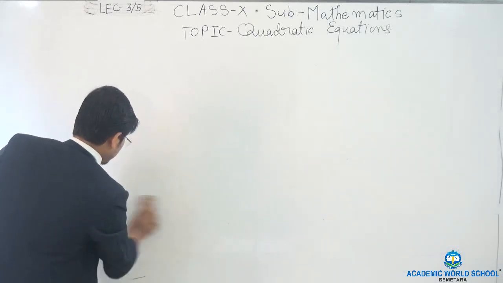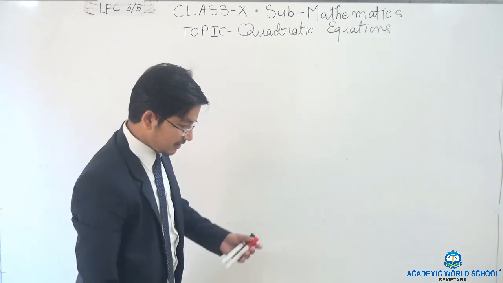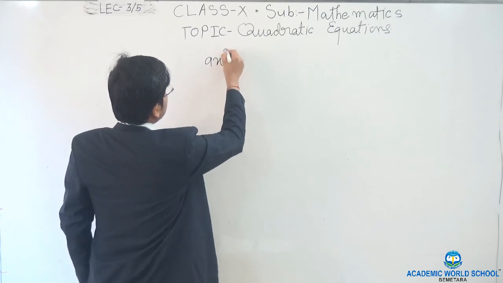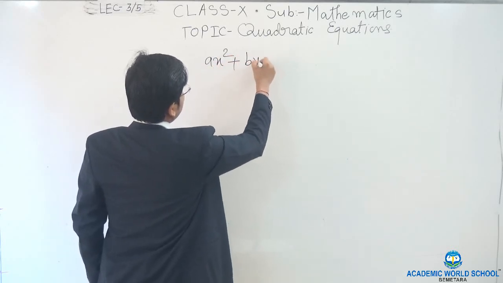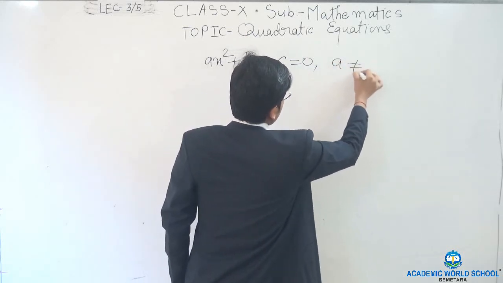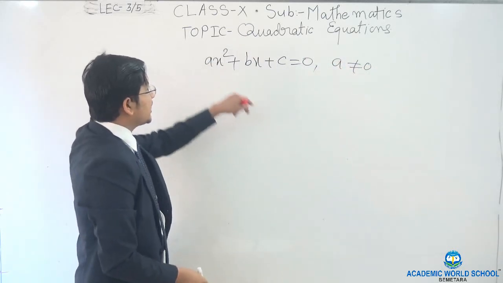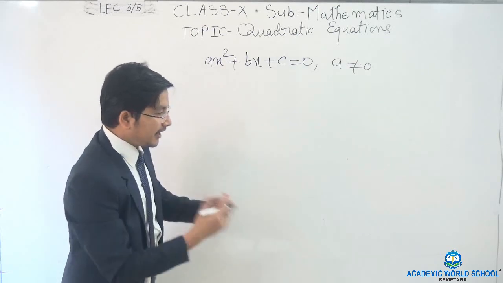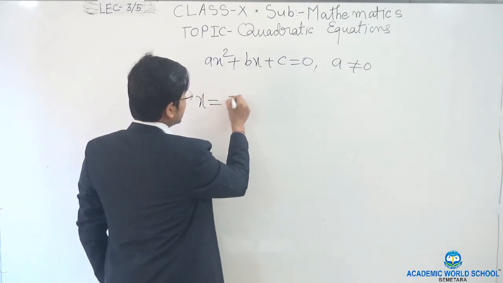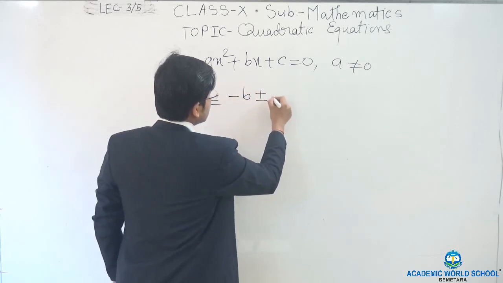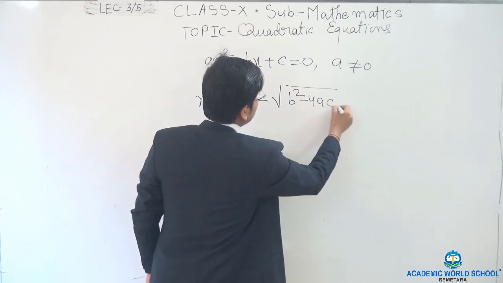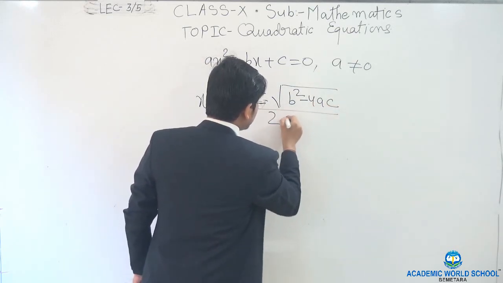So if we have a quadratic equation ax square plus bx plus c is equal to 0, a must not be equal to 0, then the quadratic formula, which we have derived, is x equals minus b plus minus root over b square minus 4ac upon 2a.